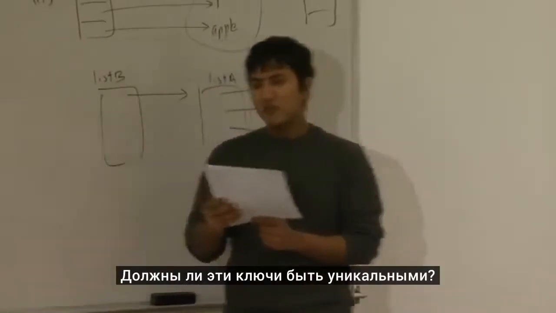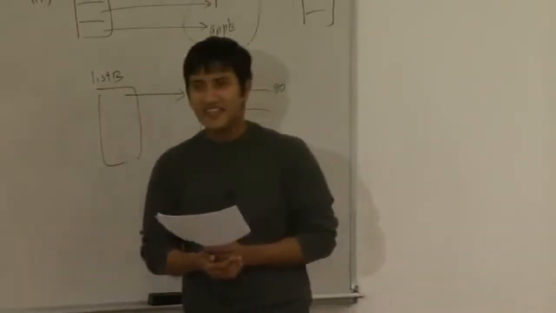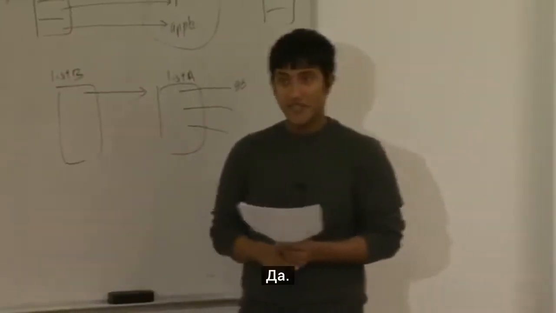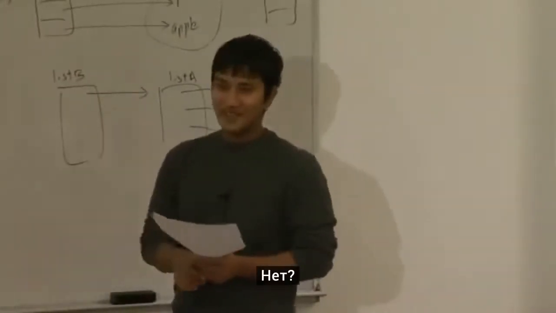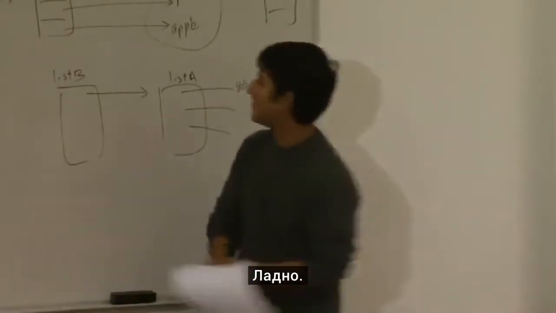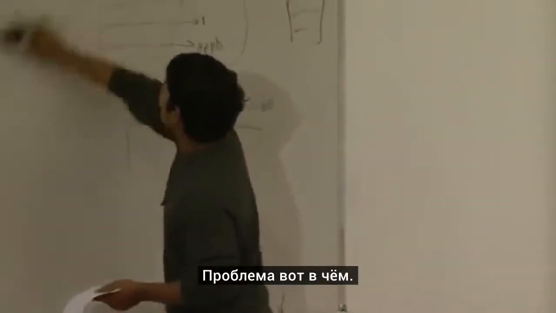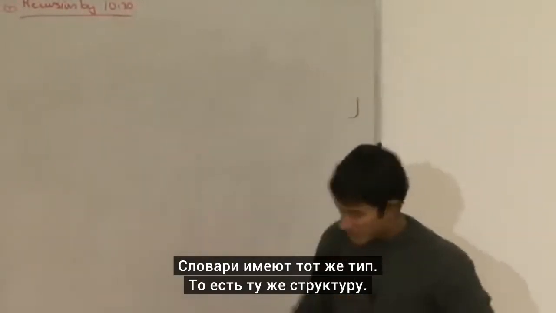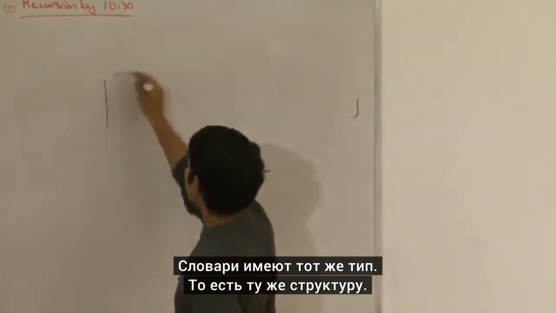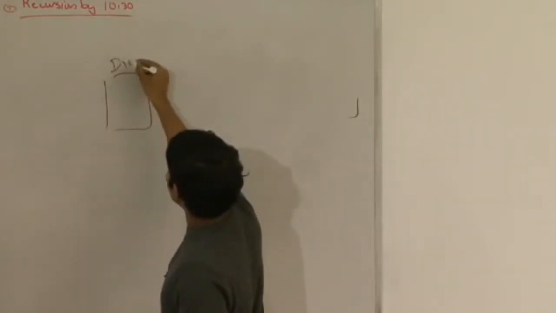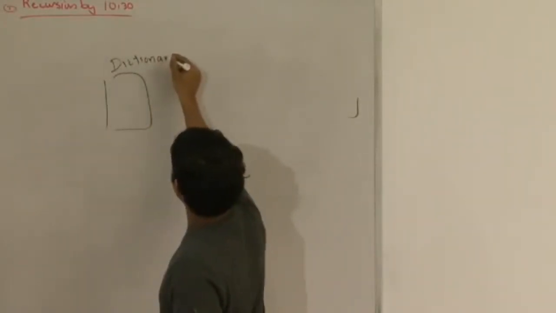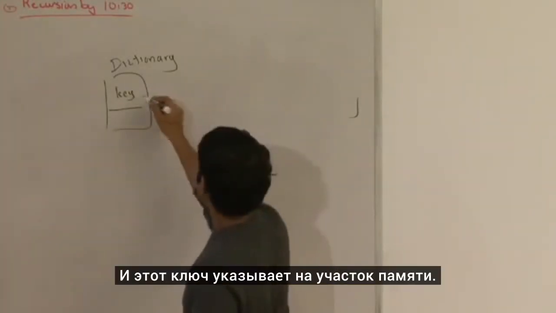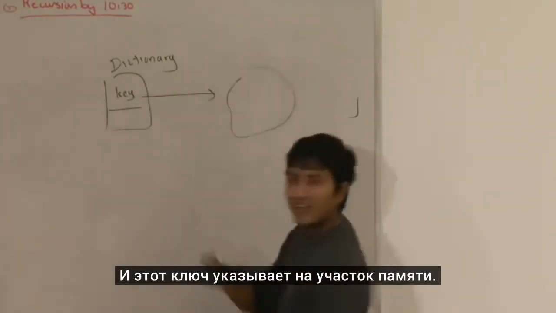Do these keys need to be unique? Yes. No? OK. The problem is this. Dictionaries have the same type, same structure. This is a key. And this key points to a place in the memory.